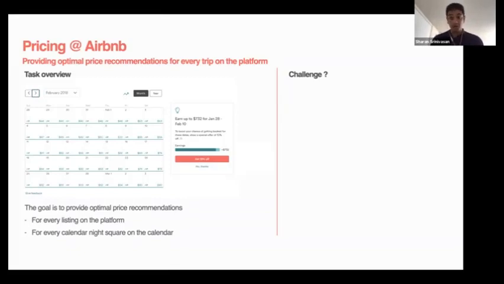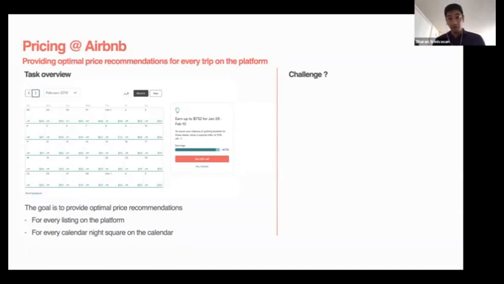These prices are sometimes set by the host, but often our hosts don't have full understanding of the market ecosystem. They only know about what's going on with their listing, which is a lot of information, but they don't have a very great sense of the broader market dynamics outside of their listing. In order to help them price every night on their calendar, we at the pricing team provide them with price recommendations that help optimize something.